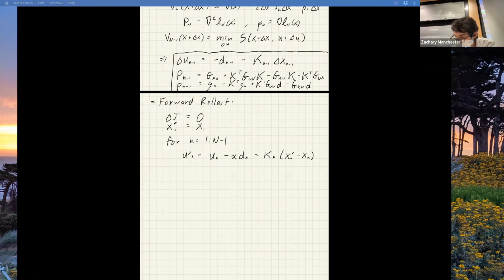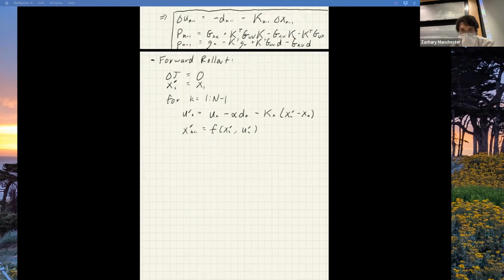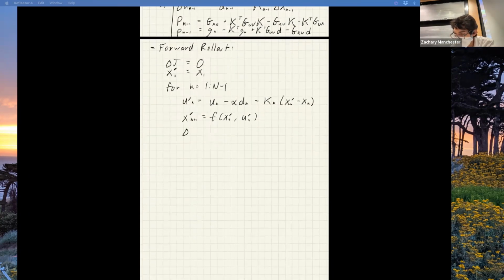And then we plug this into the dynamics to get our next state, the updated one. And we also compute our cost correction. This is awkward. Okay, so that's the rollout.